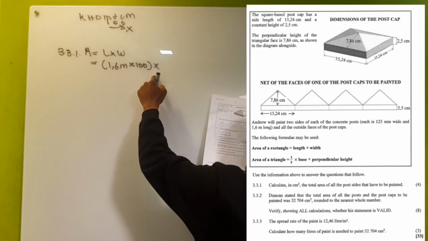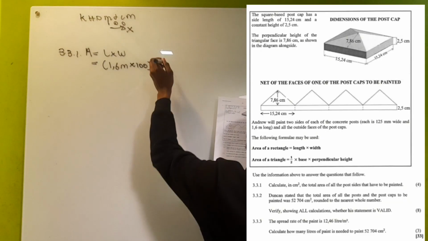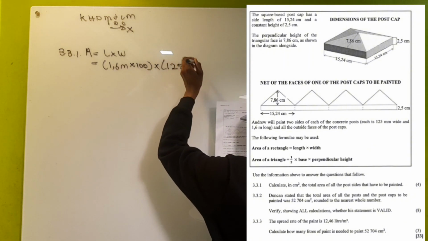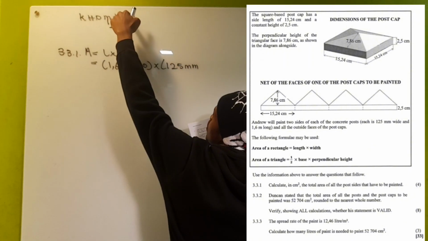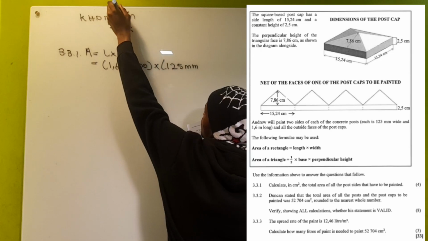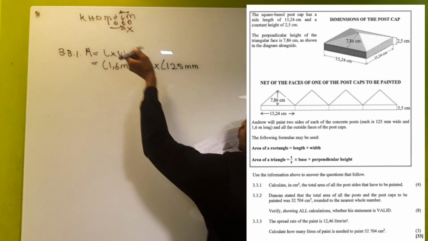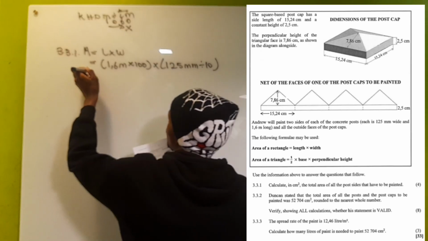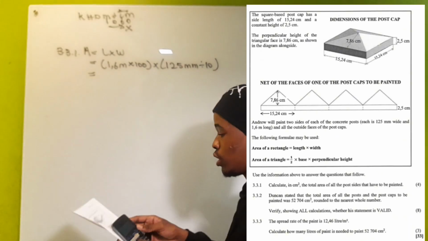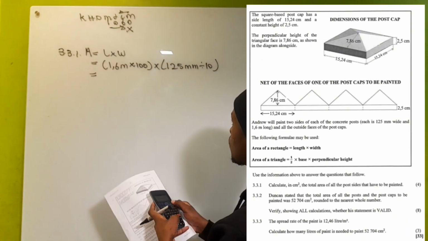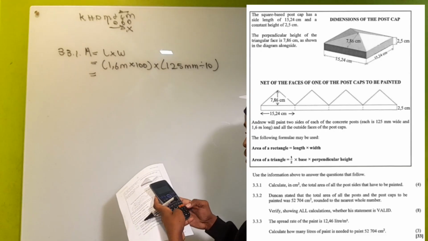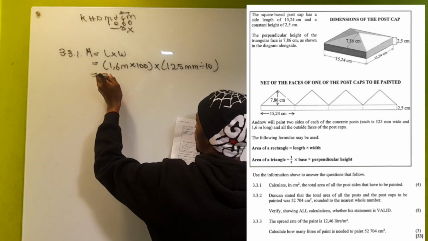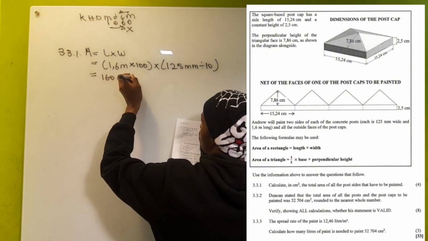And we're also going to convert our width, which is 125 millimeters. So we're converting from millimeters to centimeters. Difference is 10, so we divide by 10. Now let's do our conversions. 1.6 multiplied by 100 gives us a total of 160 centimeters.